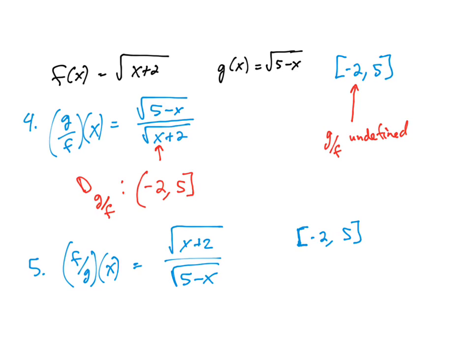However, 5 now is going to make this undefined, because if we put a 5 in right here for x, we're undefined. So the domain of this combination, when we divide f over g, is going to be everything from -2 to 5, but we're not going to include 5 there.